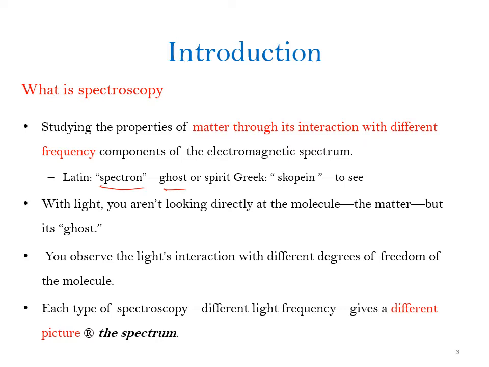There is no way of looking at the object directly, but the ghost, or the captured light, according to the different wavelengths and reflected intensity, will be acquired by our eyes. So you observe the light interaction with different degrees of freedom, not the object directly. Each type of spectroscopy differs with light frequency, and that gives a different picture, which is called a spectrum.